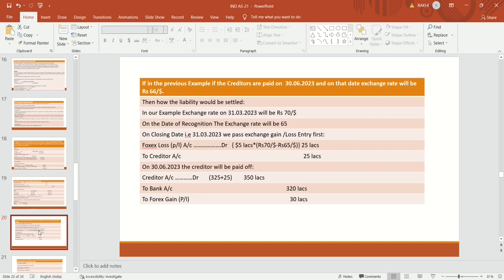So 66 into 5 is 320 lakhs, and the remaining amount is the foreign gain, which goes to P&L, that is 30 lakhs. So creditor account debit 350 lakhs, to bank account 320 lakhs, to foreign gain P&L 30 lakhs.